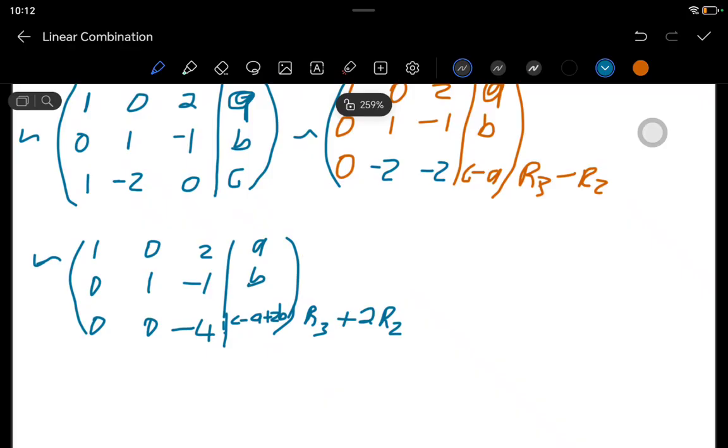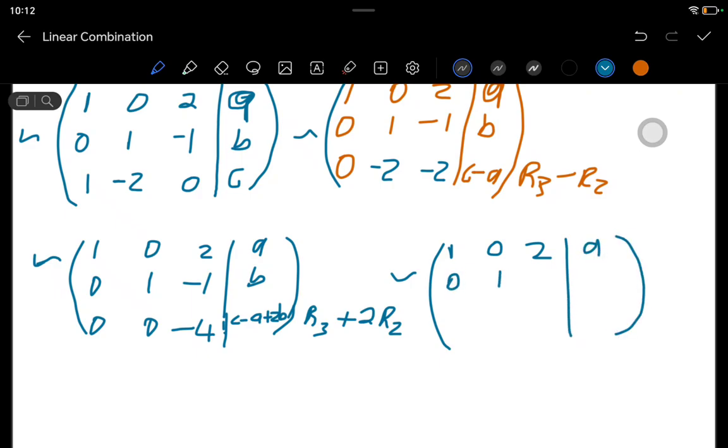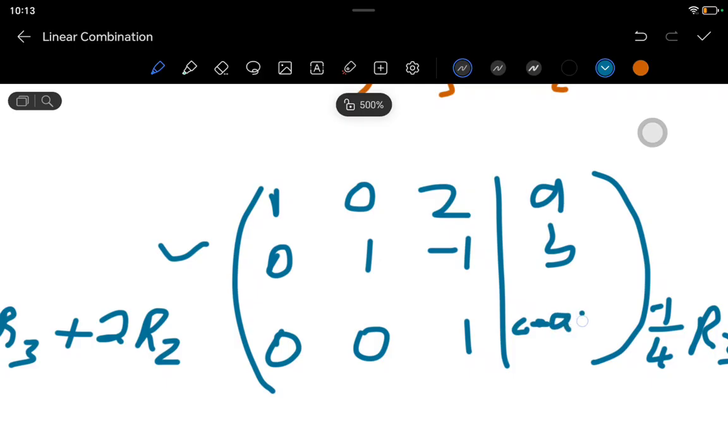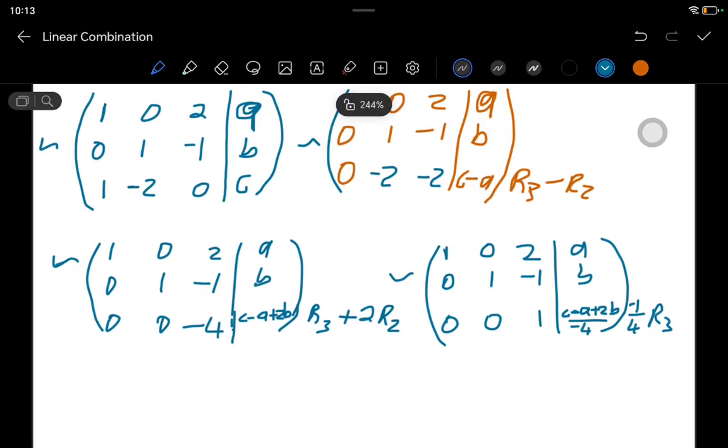So from here, we need to change that to a leading 1, 0, 2, A, 0, 1, minus 1, B. Then I need to change this to a leading 1. This is just going to be C minus A plus 2B over minus 4.